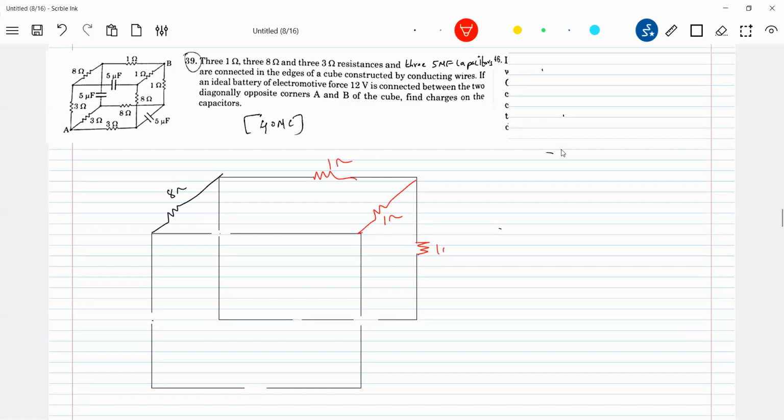And this is 1 ohm. 8 ohm. Here 8 ohm. Next what we have, 3 ohm, no?